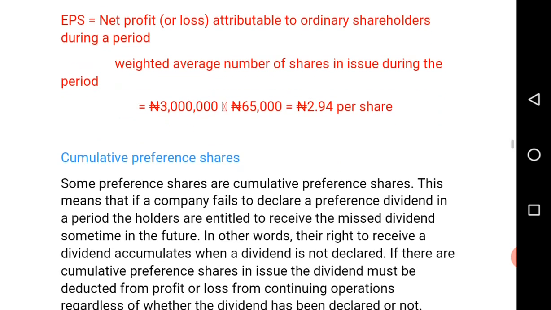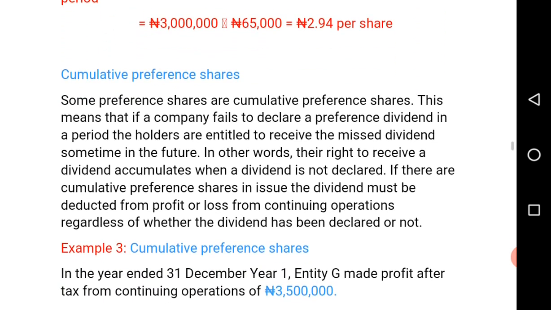Now we move to the third one, cumulative preference shares. It said some preference shares are cumulative preference shares. This means that if a company fails to declare a preference dividend in the period, the holders are entitled to receive the missed dividend sometime in the future.